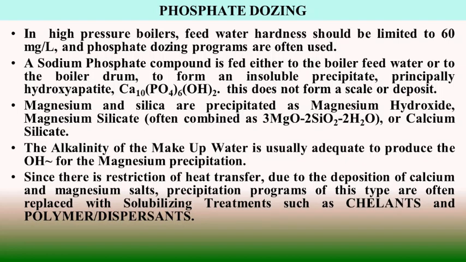Coordinated phosphate dosing does not reduce precipitation; it simply causes precipitation of less adherent calcium phosphate in the absence of caustic. Generally, a dispersant must be added to condition the deposits that would otherwise reduce the heat transfer rate on the surface.